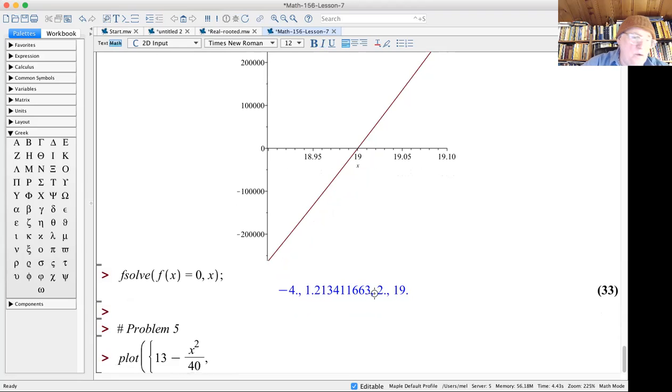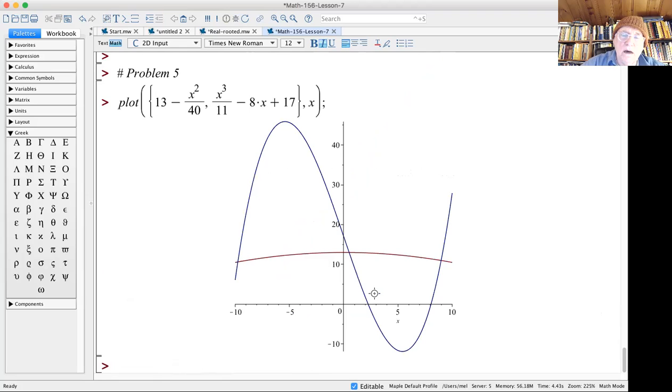That's a parabola opening down. And x cubed over 11 minus 8 times x plus 17. Oh, pretty. So we have this parabola and this cubic curve.